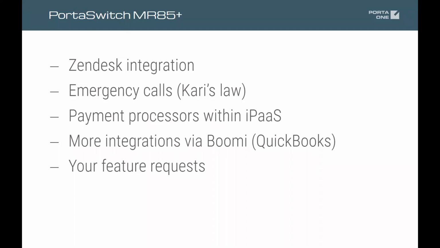The other one is handling of emergency calls. Most of you are probably not aware because this Harry's law was passed in the United States, but pretty much it puts an obligation on service providers to make the configuration of emergency calls pretty much foolproof, meaning that nobody can break this configuration. So the end user is always able to reach emergency services.